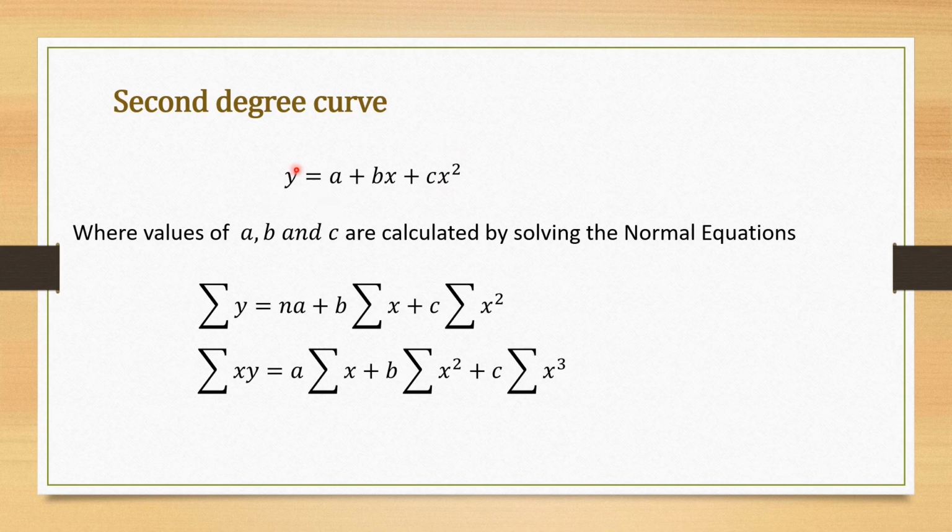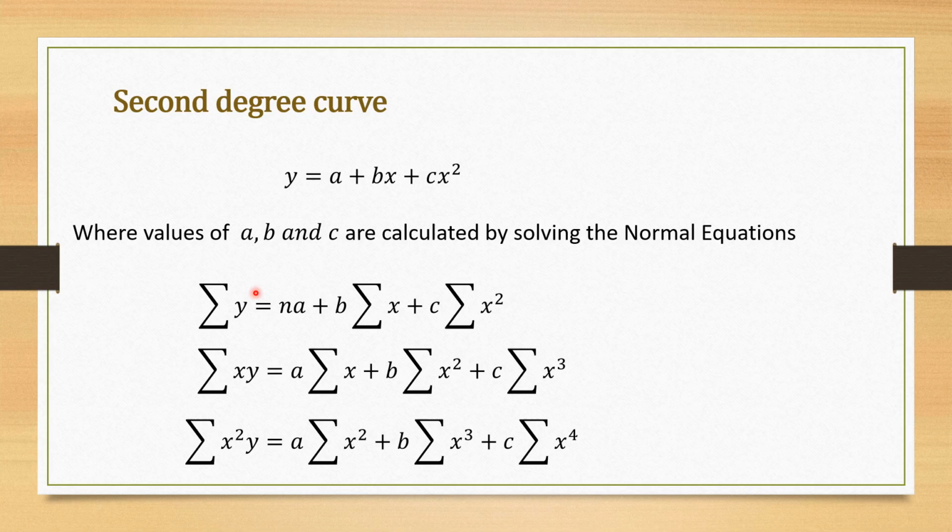So summation x square y is equal to a summation x square plus b summation x cube plus c summation x raised to 4. So first we take the summation as it is, then multiply by x and take the summation, that is the second equation, and multiply by x square and take the summation, that is the third equation.